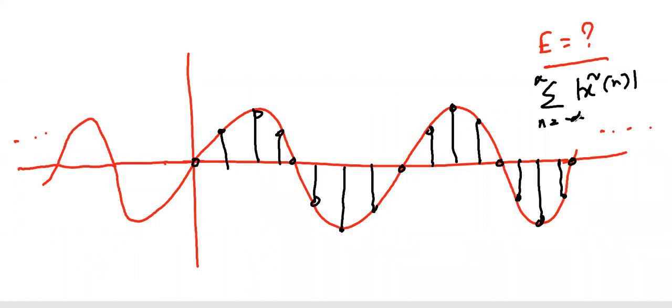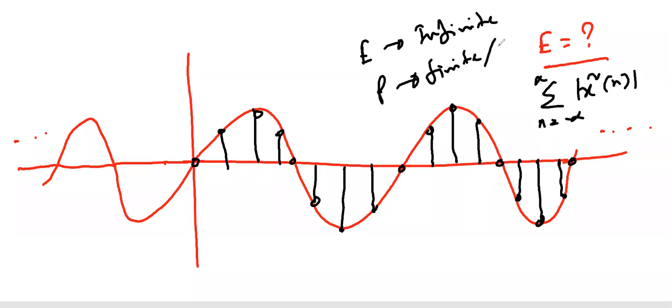Because I have already mentioned that if E is infinite, there are two possibilities: P could be finite or infinite. So how do you prove that this is a finite power, or that it is a power signal?